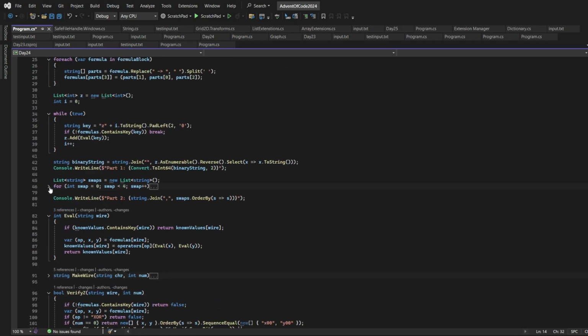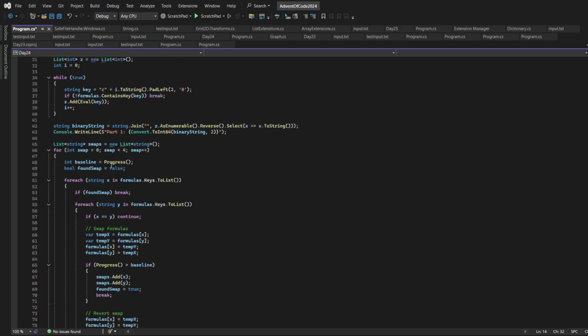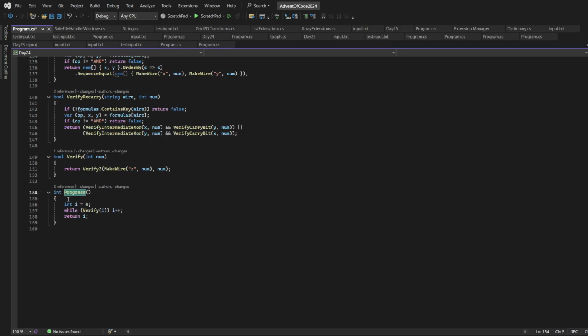the solution for this is that we need to keep a list of swaps that we need to do. So we call our progress function. That function will in turn call the verify, which will then call the verify Z. We will start with the 0.